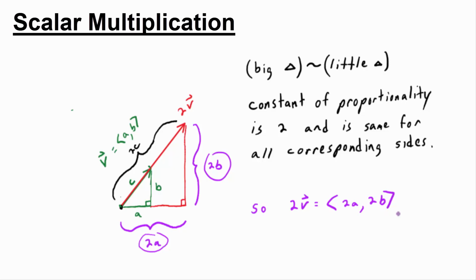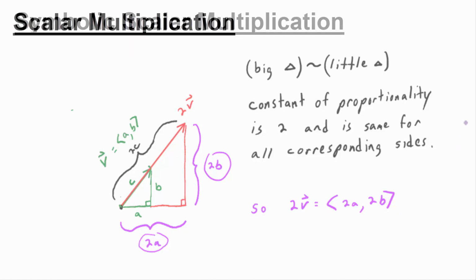So that gives us a guide as to how to proceed generally for the definition of scalar multiplication symbolically. If you have a vector V, and I'll go back to my component form, delta x, delta y, hopefully that doesn't bother you.